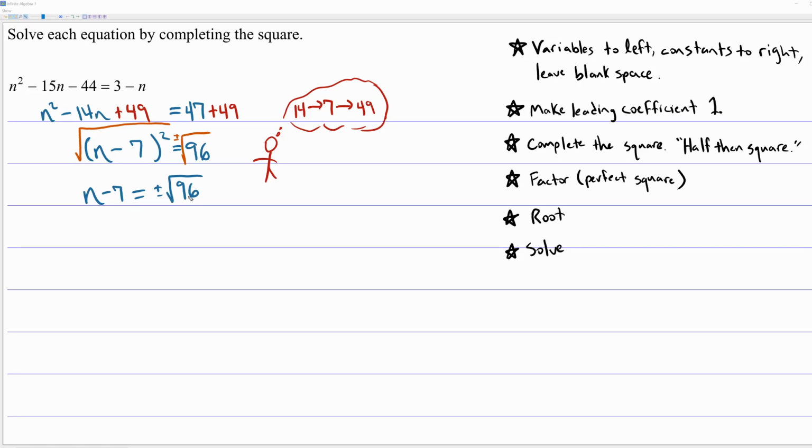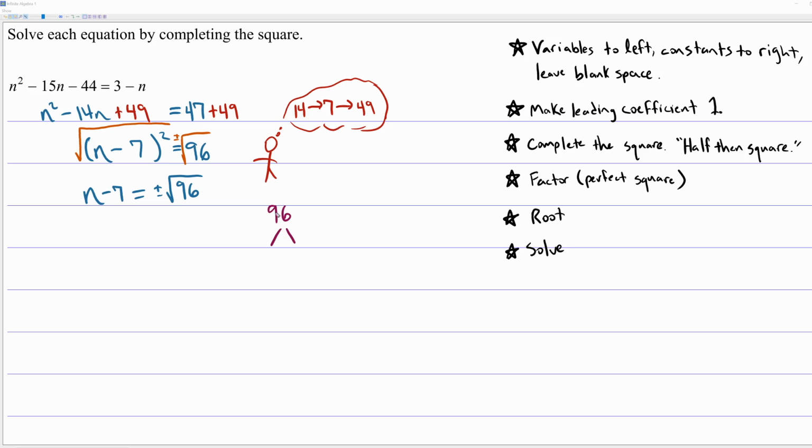My preliminary video before making this one was about simplifying square roots. Now, the square root of 96, we have to simplify this square root if we can. Now 96 is not a huge number. You might have trouble factoring that one in your head. So just like I mentioned in the previous video, if necessary, make a factor tree.